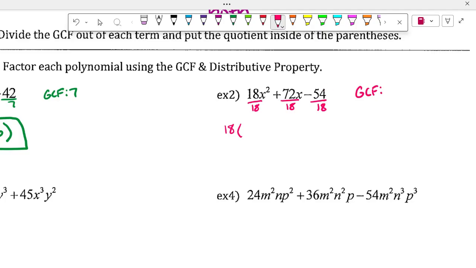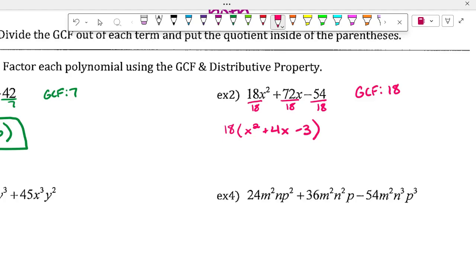What's 18x squared divided by 18? x squared. What's 72x divided by 18? 4x. What's negative 54 divided by 18? Negative 3. So it was in fact 18.